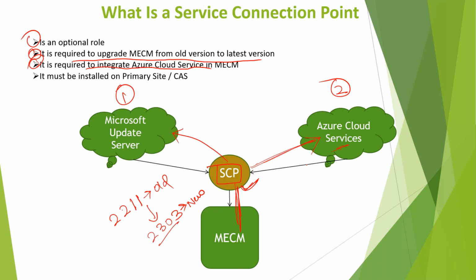It can be installed on the primary site or CAS, the central administration site. So basically it has two roles. Role number one, to upgrade SCCM from the old version to the latest one, and role number two, to integrate Azure cloud services.